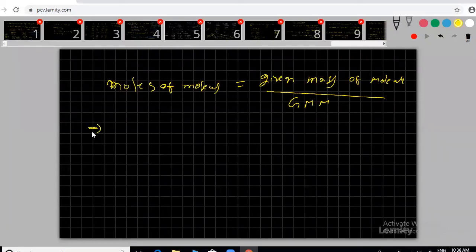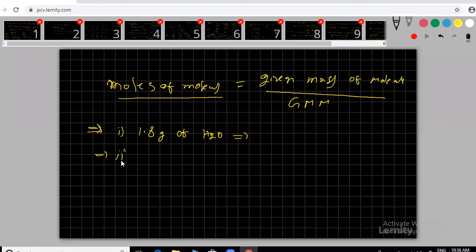So calculate the number of moles of molecules: 1.8 grams of H2O.